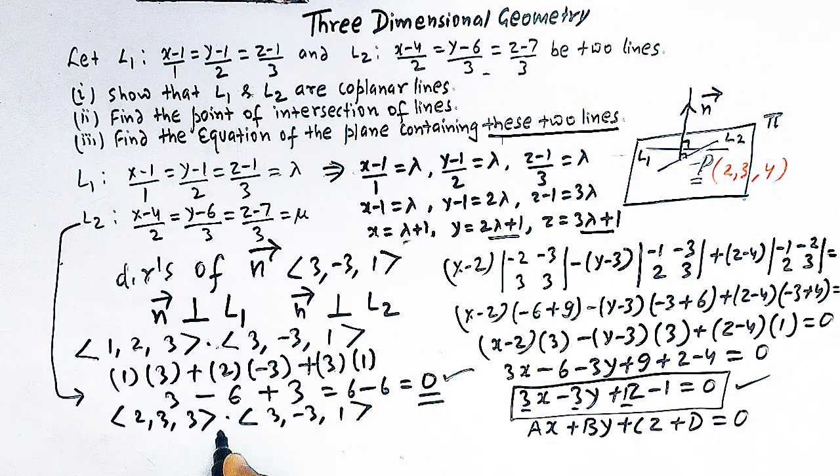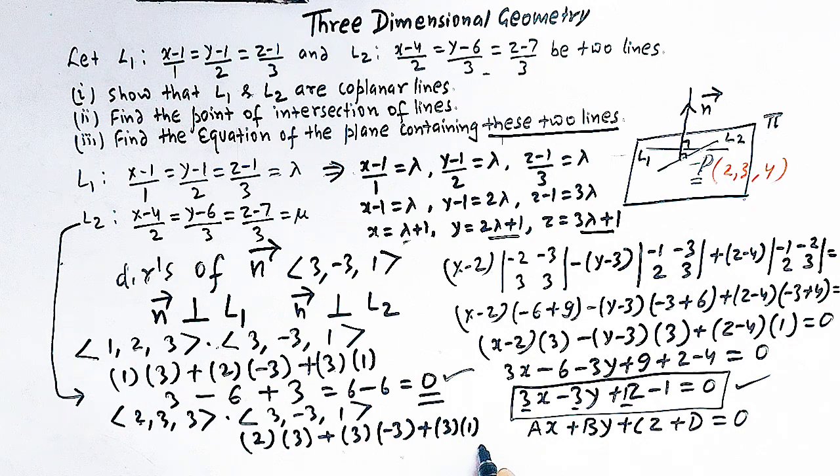So let us take the dot product of these two vectors, and we have 2 times 3, this is the x component, then we have 3 times minus 3, this is the y component, and then the z component, 3 times 1.